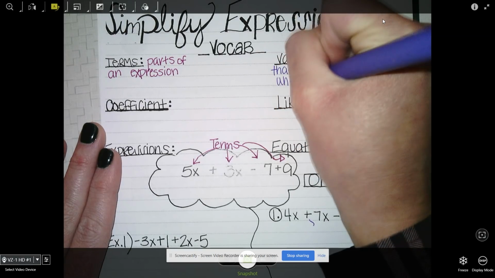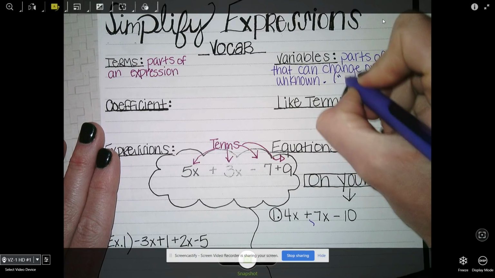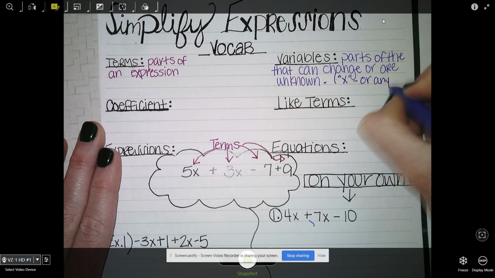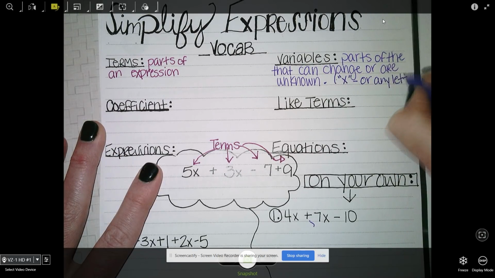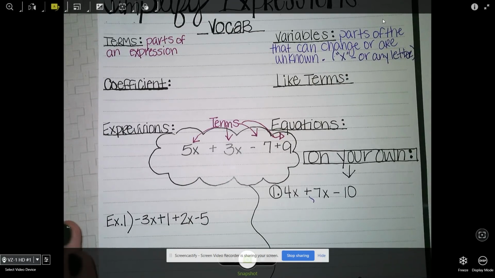And those are always going to be represented by a letter. So yesterday we labeled that on our distributive property notes, we put any letter in that blank, and that is a variable on that situation. So my variables are going to be purple.